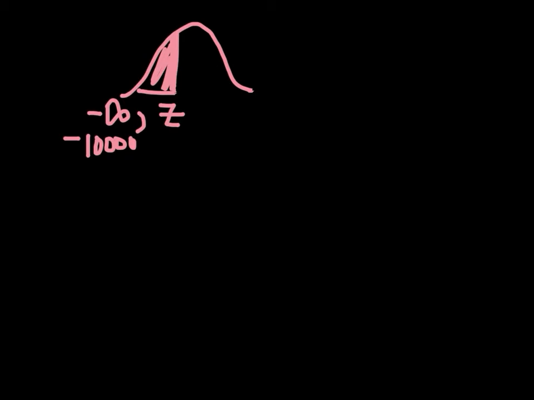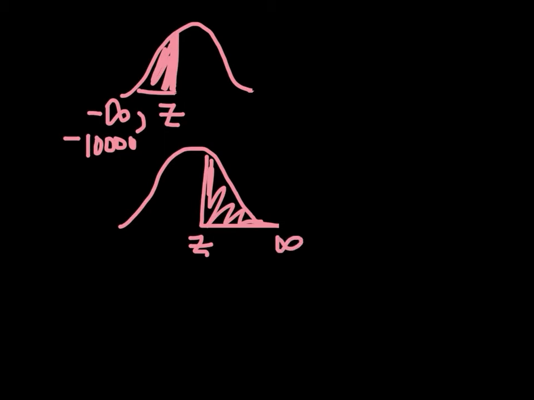If you're doing area to the right, your left bound is the z value and your right bound is positive infinity, so use a large number like 10,000.